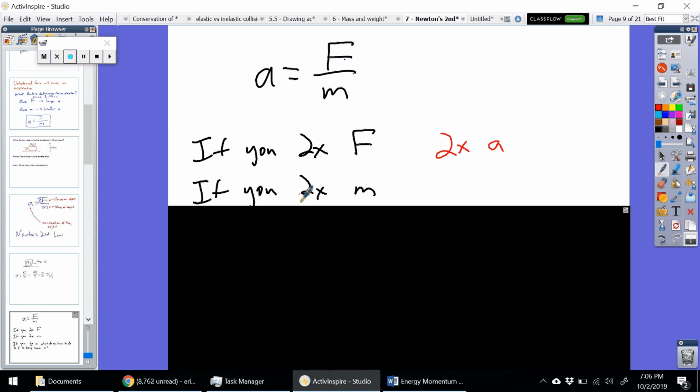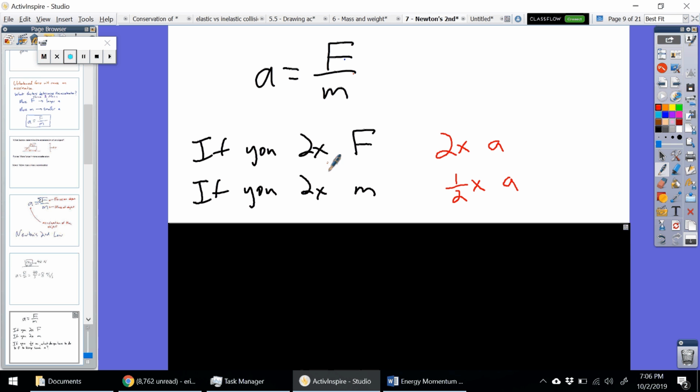In other words, you take the reciprocal, which is 1/2. So you get half the acceleration. And of course, multiplying something by half means it gets smaller. So if you double the force, you double the acceleration. If you double the mass, you get half the acceleration. That's what I'm trying to tell you with these symbols.